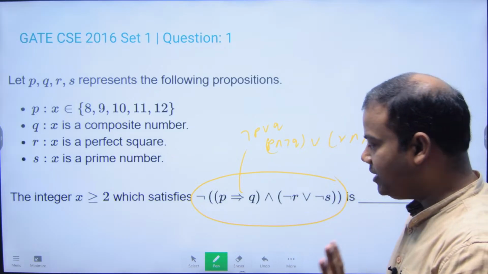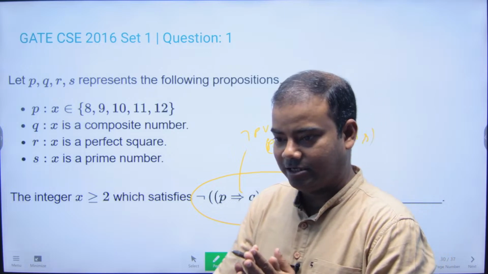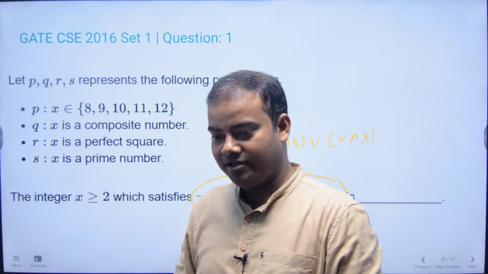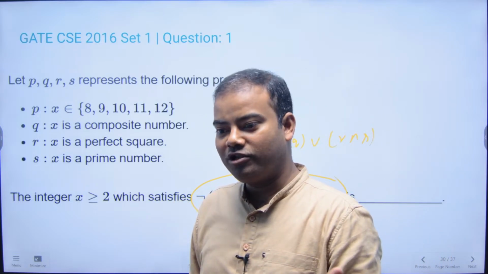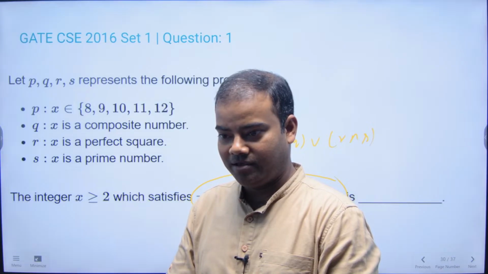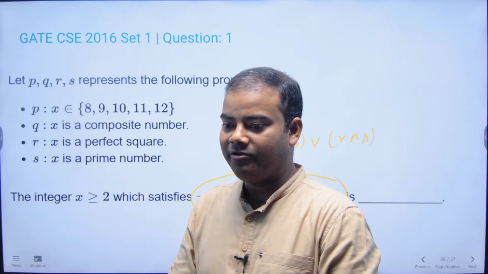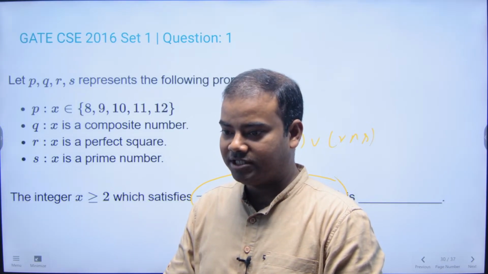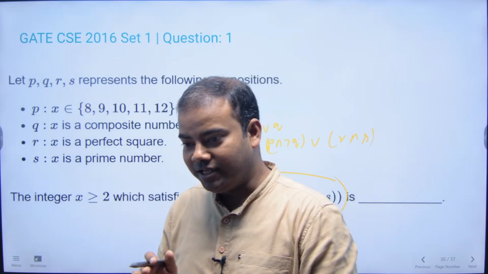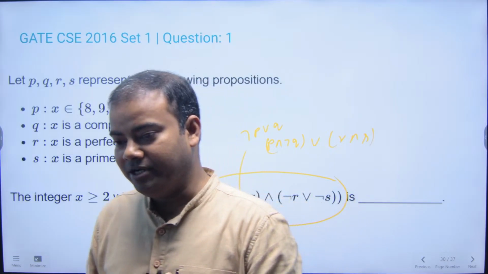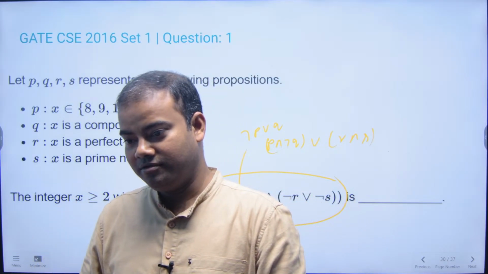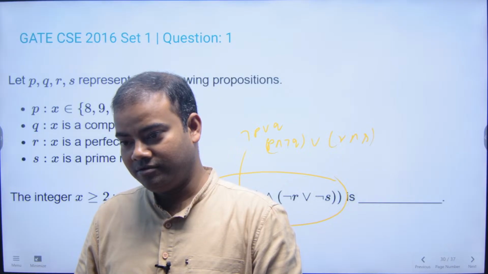You also think like this: if there is any conditional statement, what is the negation of that? Earlier also I told you, if I promise something, for example, if I say if you come to Delhi, you are selected in GATE. So what is the negation, when is my statement false?